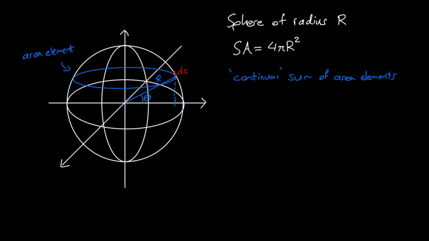And the radius of my circumference, my area element, is little r down here. So I have that little r is equal to capital R cos theta. That will come in handy.